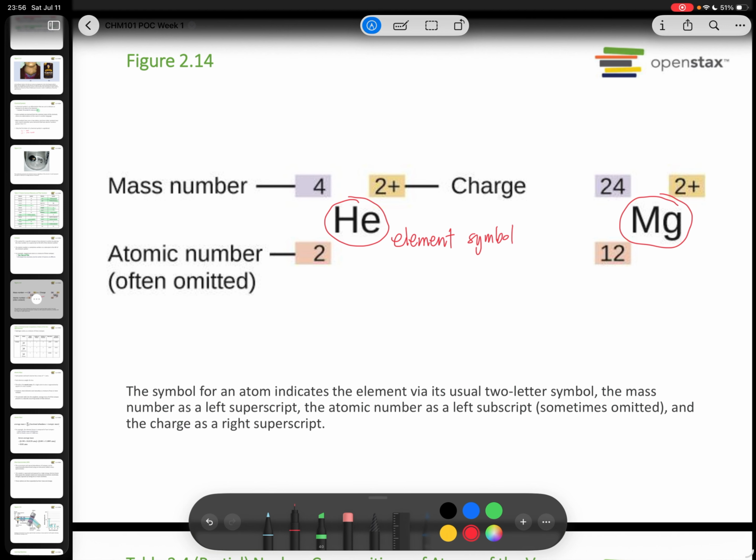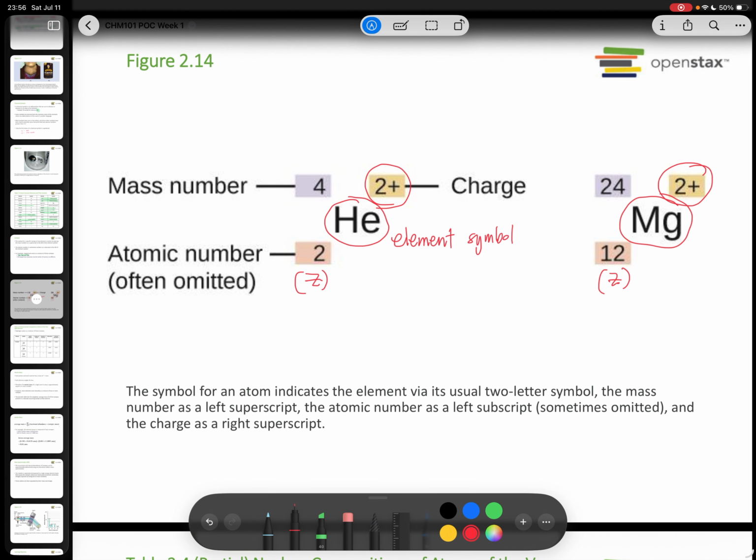So, the left subscript is for the atomic number Z. Okay? Ito yun. Z. So, the right superscript is the charge if the species is an ion. Okay? So, ito yung charge kapag ion siya.